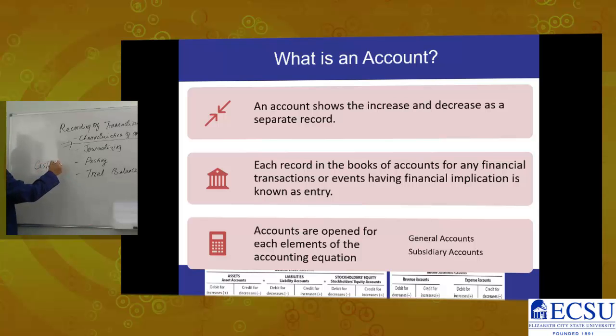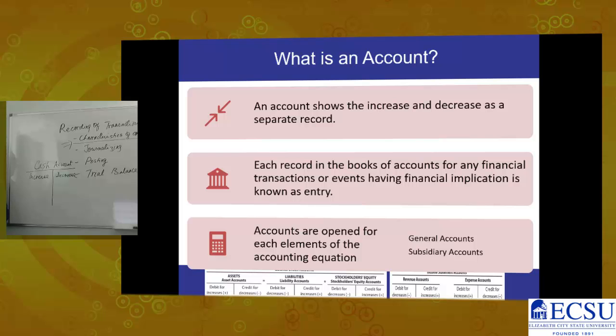Supposing this is your cash account. Now, this is an element of a record in our books of accounts. It will show increase and decrease in this account. So that is what we are going to talk about in this first element.